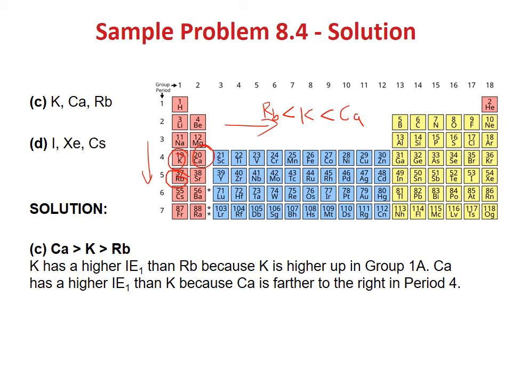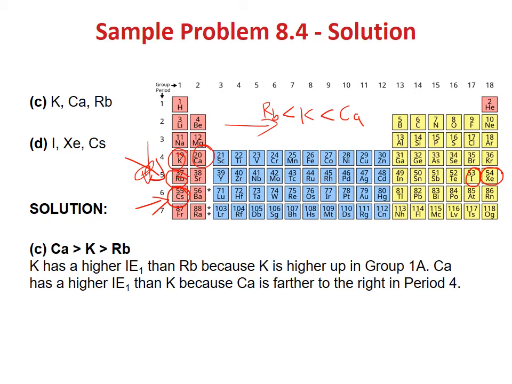Next, iodine. Iodine is here, xenon is here, and cesium is here. Let's again compare by adding one element. Let's add rubidium to compare all of them with rubidium.